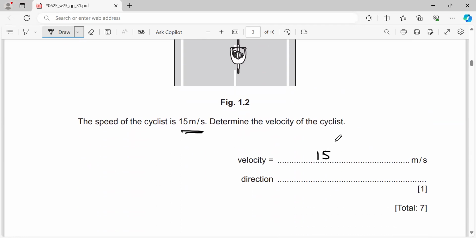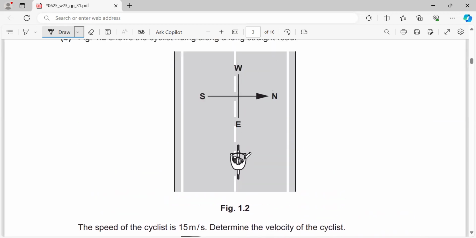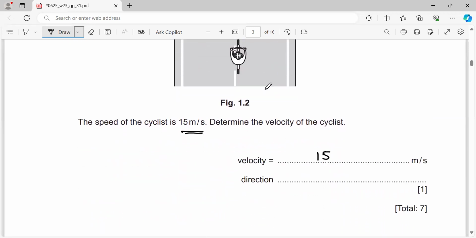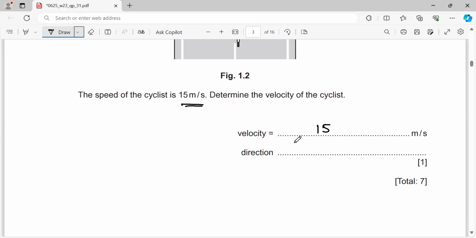If the speed is 15 meters per second, the velocity is 15 meters per second. Now direction. Look, this cyclist goes straight on in this direction, to the west. So it means the direction is to the west.